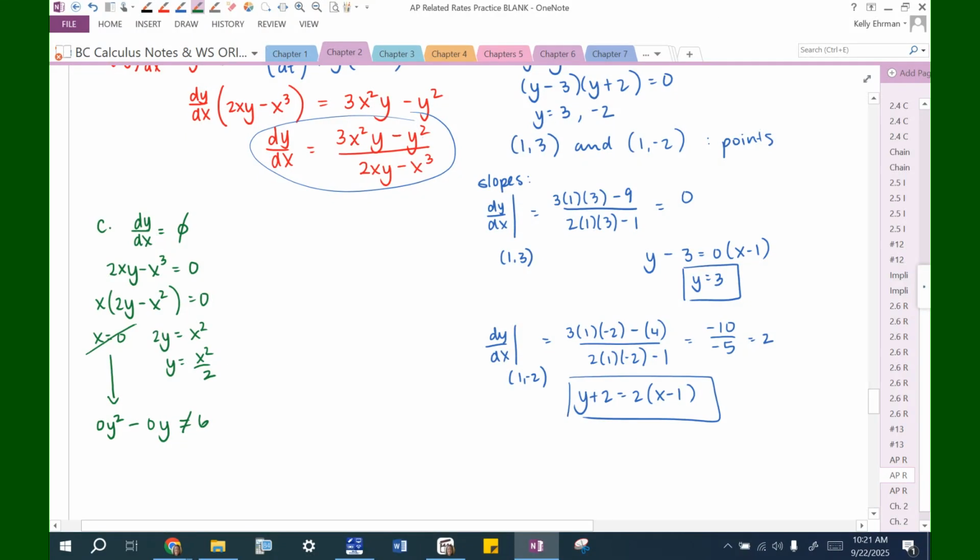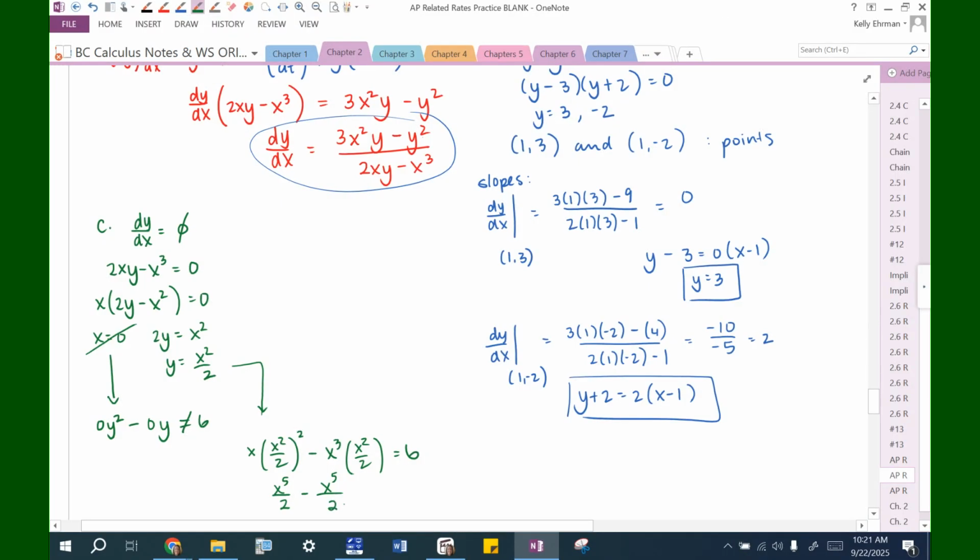This one I need to plug into the equation. So x times y squared minus x cubed times y is supposed to equal 6. This is x times x to the 4th, so x to the 5th over 4 minus x to the 5th over 2.